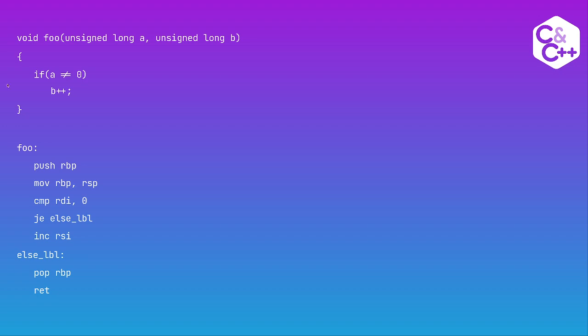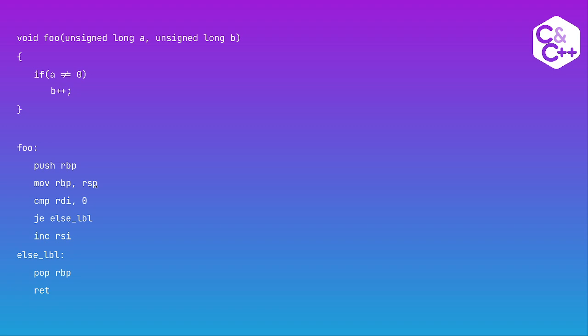So remember when we wrote this function? Let's write this function properly, like how it's supposed to be written. First, let's get into the foo label. We're just going to push RBP, the last base pointer value, and then we're going to move the stack pointer to the base pointer because they're at the same place.